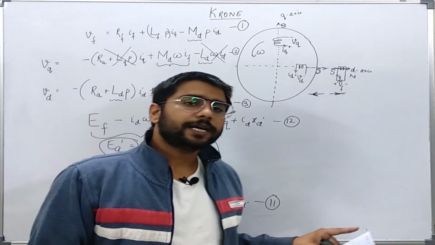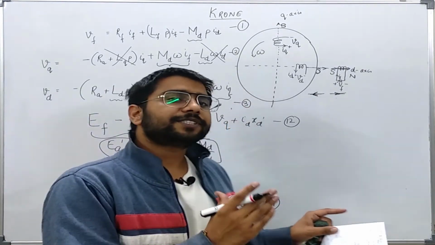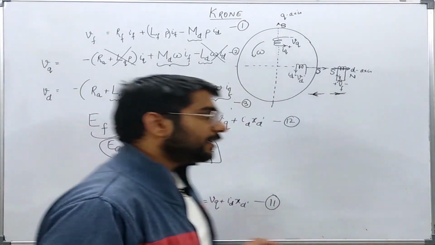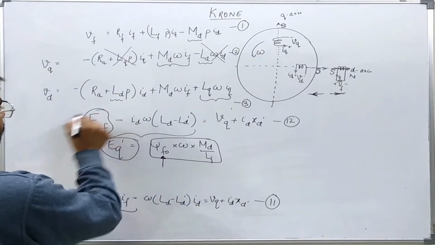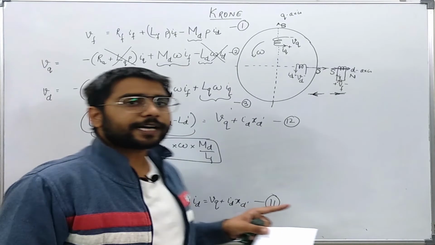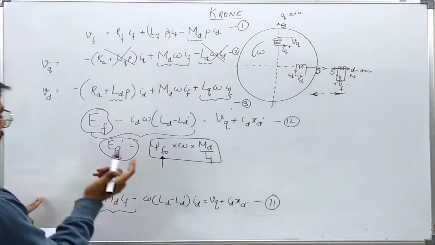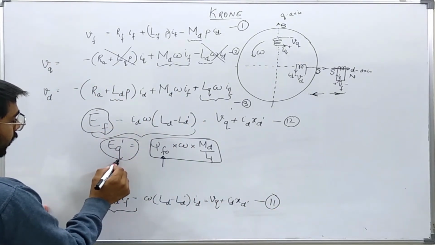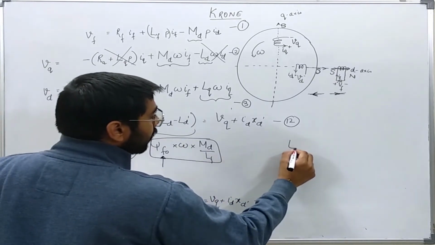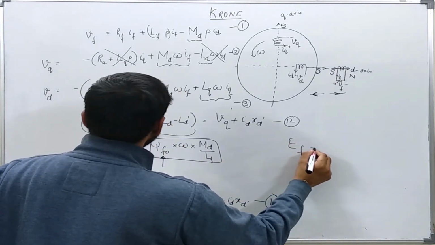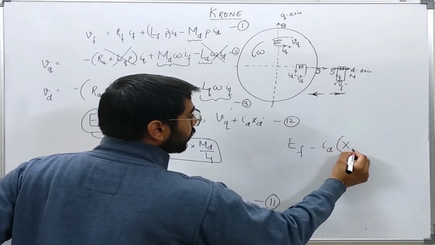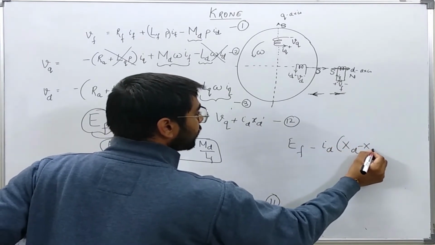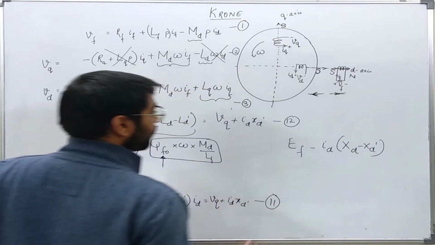So you see that whenever the machine is loaded, then instead of using the no load voltage, which may or may not remain constant, we should use a voltage equal to EQ prime, which is actually the no load voltage minus ID into (XD minus XD dash).